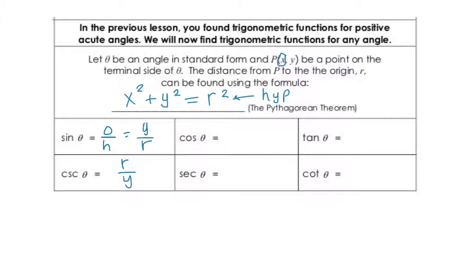And then we're going to associate cosine with x. So instead of having adjacent over hypotenuse, we're going to relabel that to be x over r. So then secant is r over x. And cotangent, instead of having opposite over adjacent, we're going to relabel that to be y over x. And so cotangent is going to be x over y.